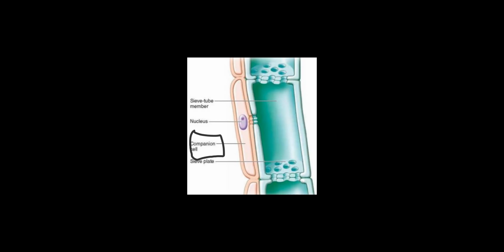As you can see, it has its nucleus. So the nucleus of the adjacent companion cell controls the activity within the adjacent sieve tube member.